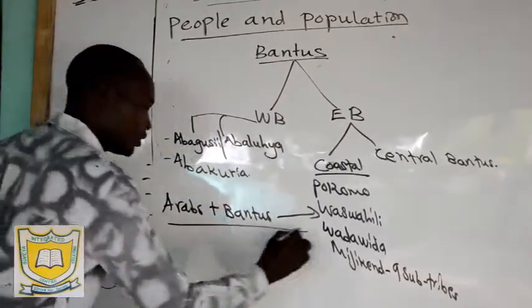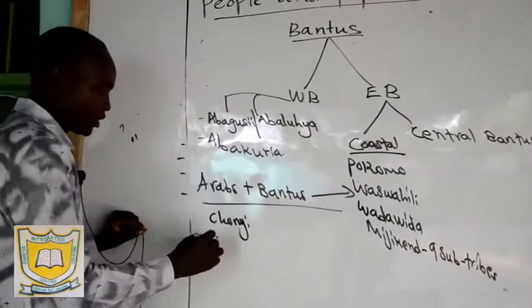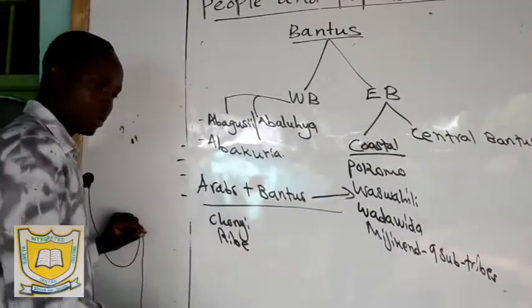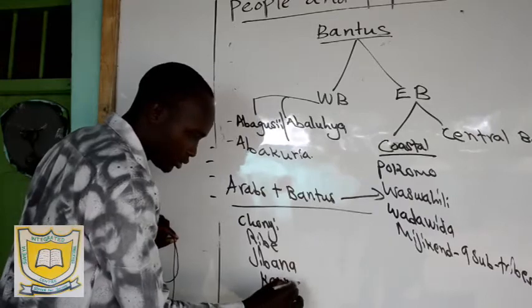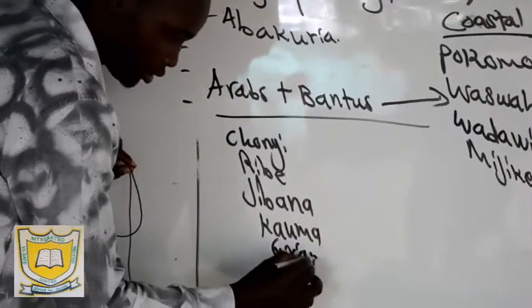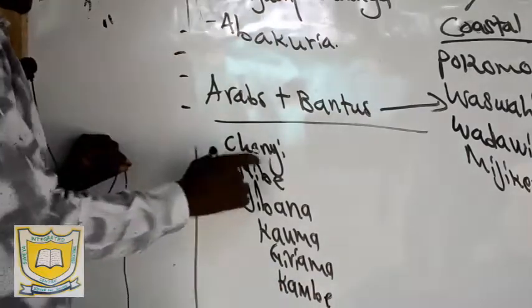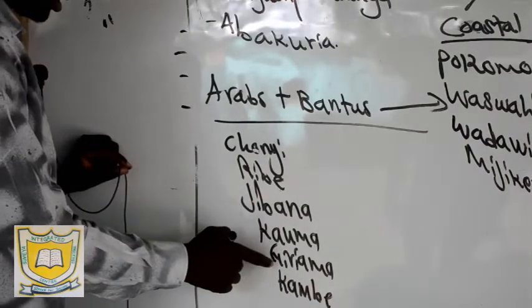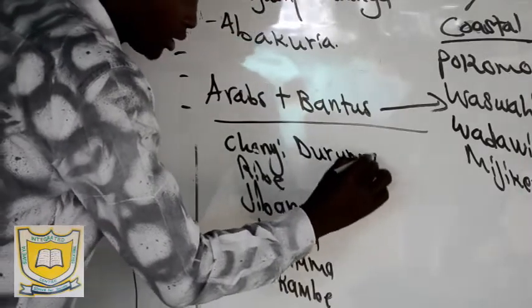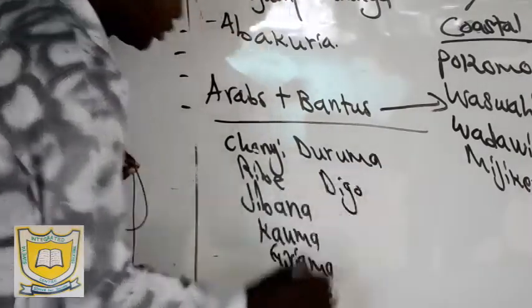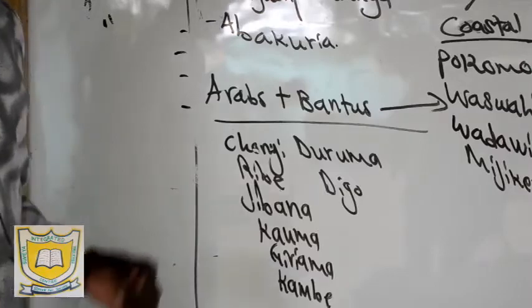If I can mention them, we have Chonyi, Ribe, Chibana, Kauma, Giriama, Kambe, then we have Duruma, and also Digo.